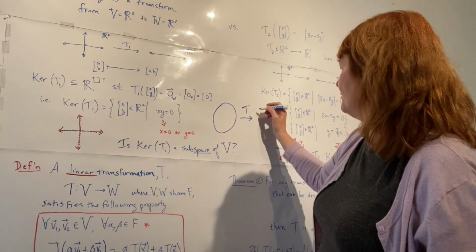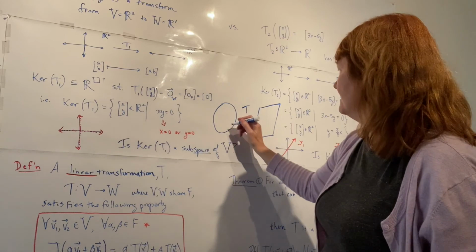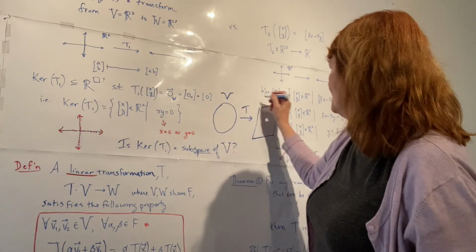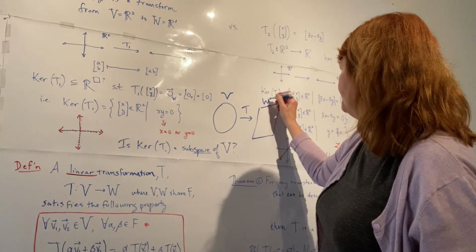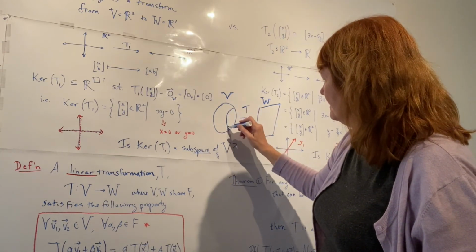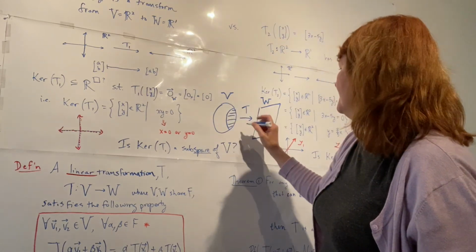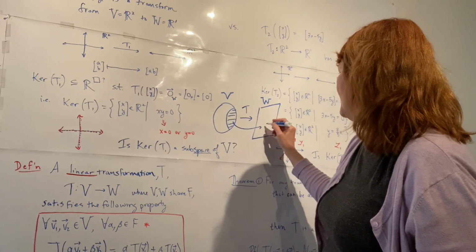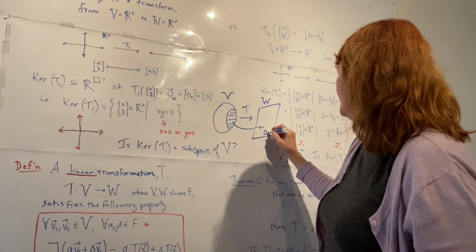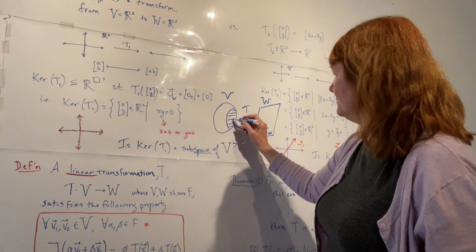So some transformation goes from one vector space, V, to another vector space, W. The part of V that gets mapped to the zero vector in W gets called the kernel.